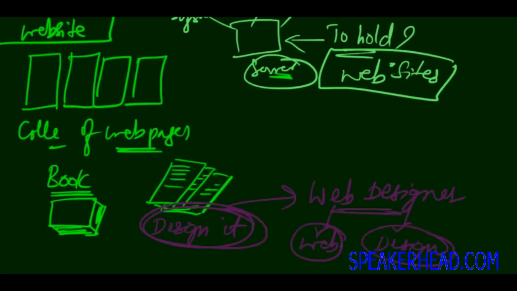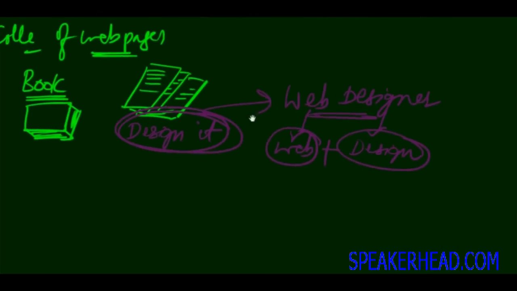These two combined are called web designing. If you are working on the designing part, you are called a web designer. If you are focusing on the web part, the web development, you are called a web developer.